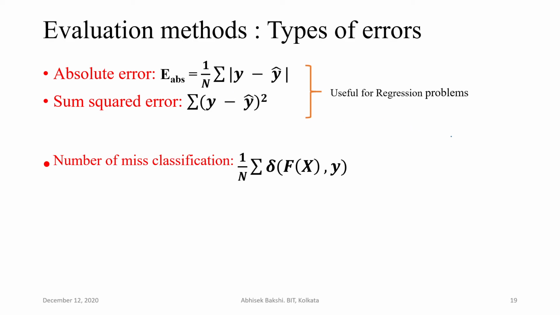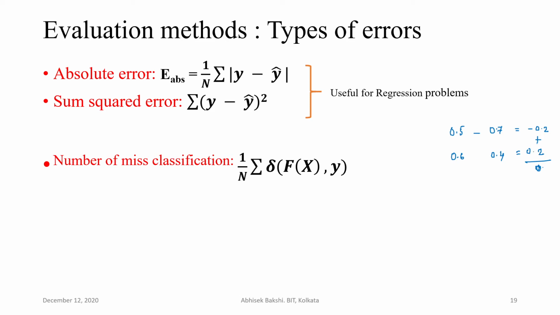For example, in the first case maybe the actual is 0.5 and you have got 0.7, and in the second case maybe the actual is 0.6 and you have got 0.4. If you take the difference, it is minus 0.2 in one case and 0.2 in the other. If you add them, you will get 0 as error, but it is not 0 error.